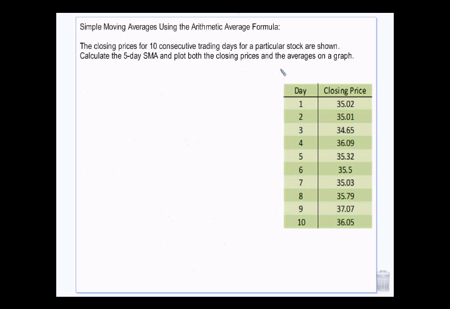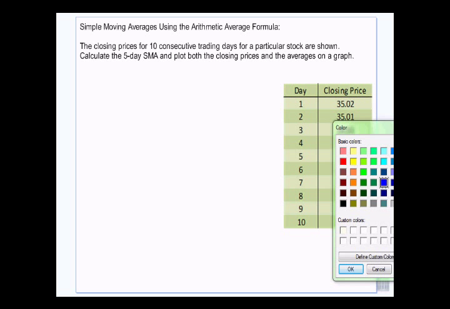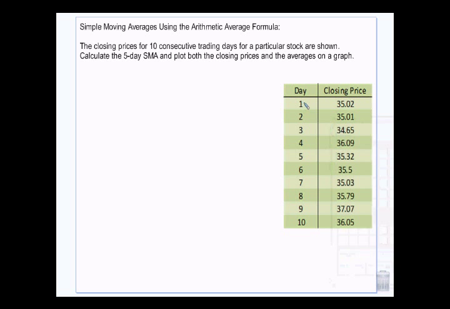Yeah, what we do is we're going to look at these 10 days and we're going to do a 5-day moving average on it. So here's what happens. I'm going to use color and hopefully not run out of space. We're going to find the average of the first 5 days. That's average 1.